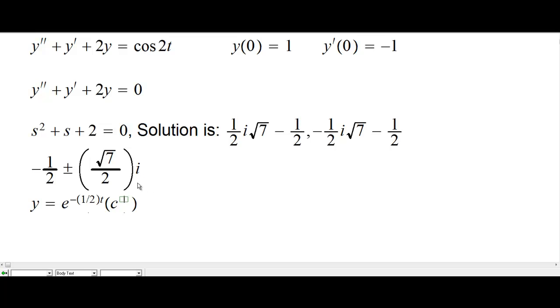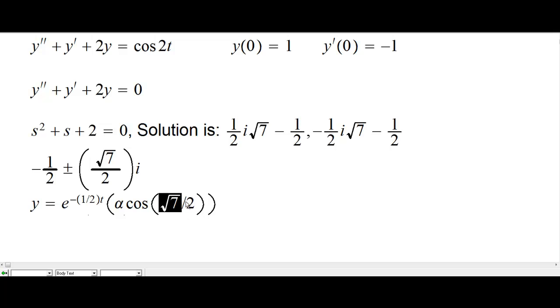That's our arbitrary constant. Let's write alpha, because otherwise later when we are doing the particular. So here, alpha cosine of square root of 7 over 2 times t.